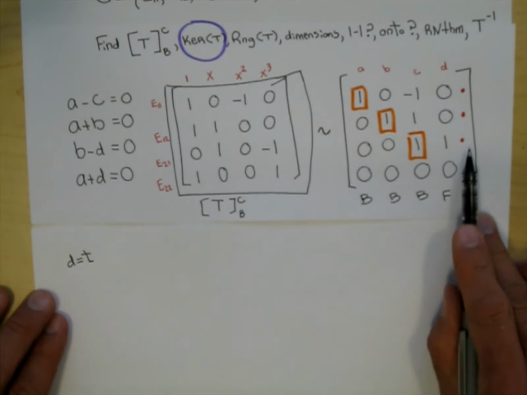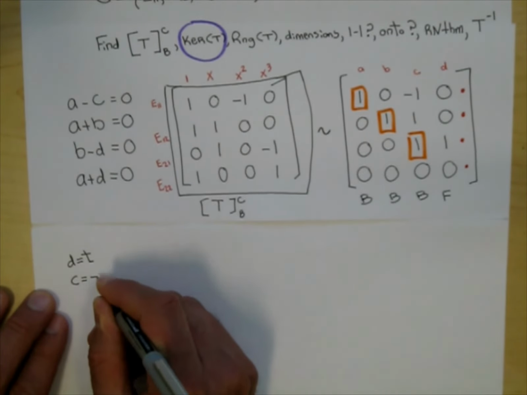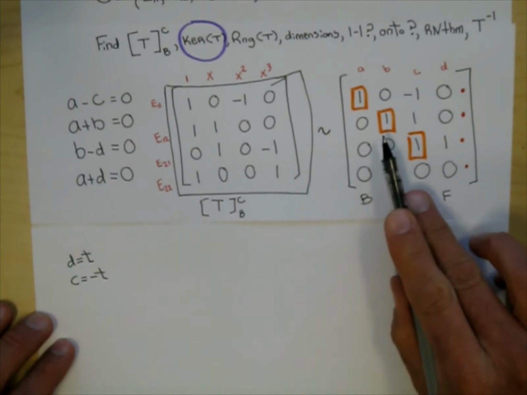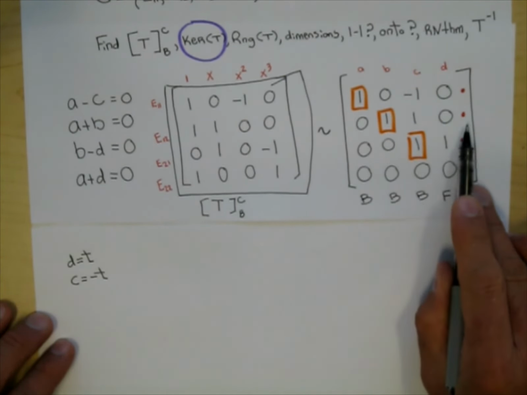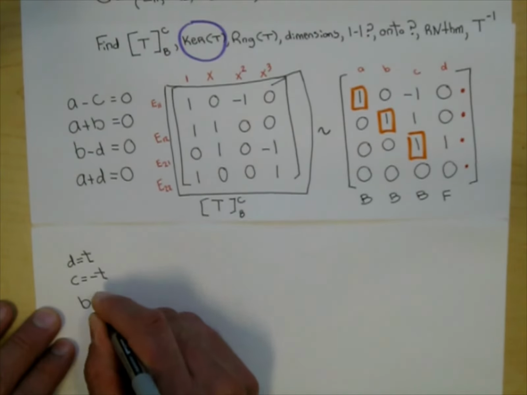So C is going to equal negative T. B plus C equals 0. B is going to equal negative C, so B is going to equal T.